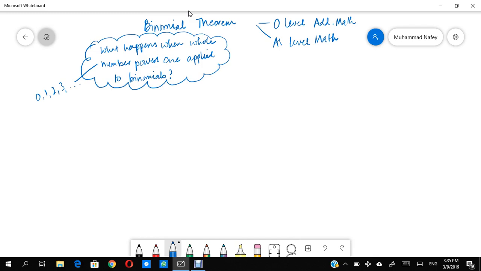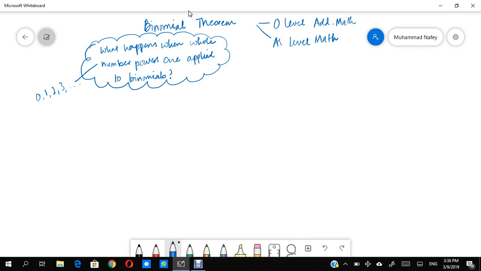Then we'll discuss something called the Pascal's triangle. We'll discuss something called the factorial notation. We'll discuss a formula called nCr, and we'll discuss how to arrange powers in a binomial expansion.